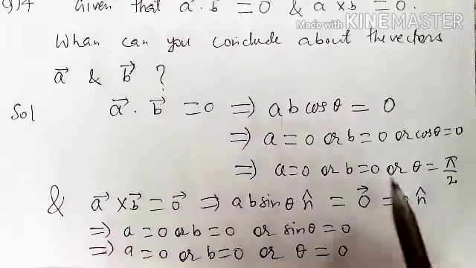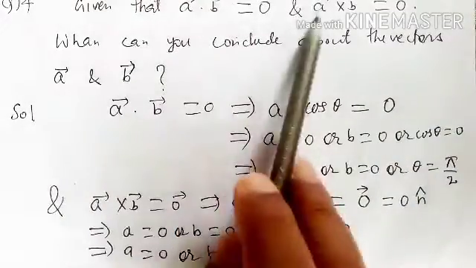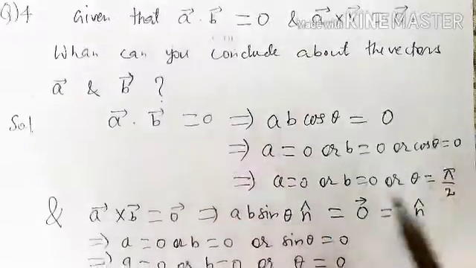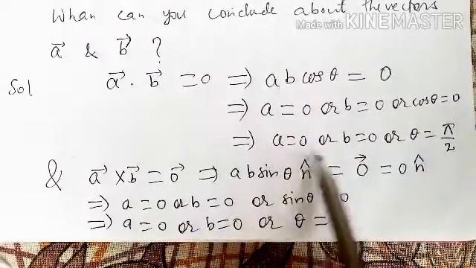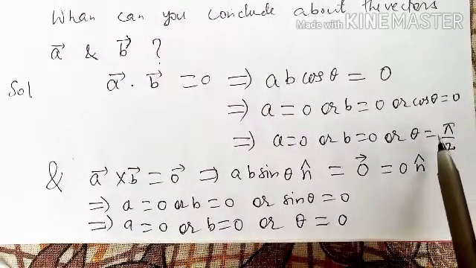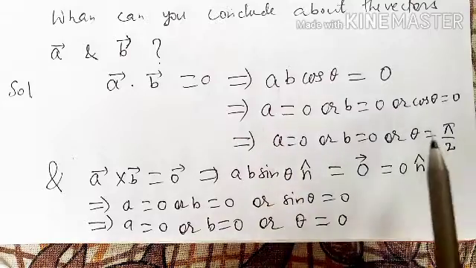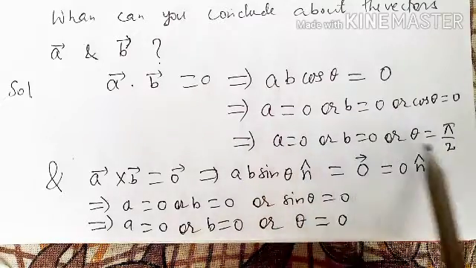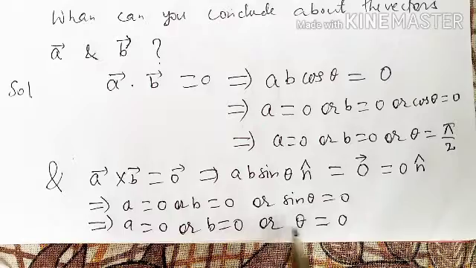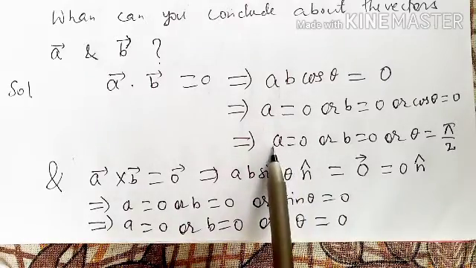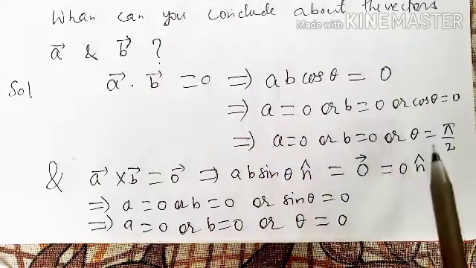Here n is given, so we take the common value in both results. One result is here, another result is here, and we see that the common result is A is equal to 0 or B is equal to 0.